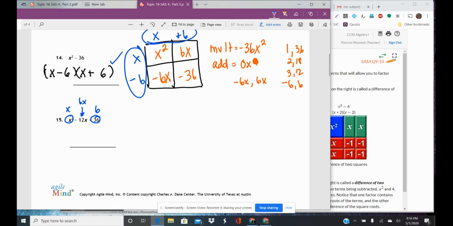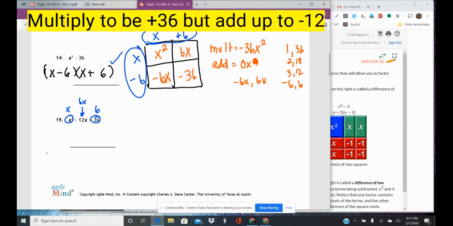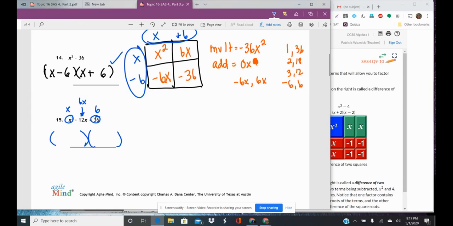Well, what two numbers are going to multiply to be positive 36, but add up to be negative 12? Well, it turns out that I can have negatives in here. So let me see, I'm going to do this. I'm going to say my root for x squared is x times x. X times x is x squared. 36 is going to give me a 6 and a 6.